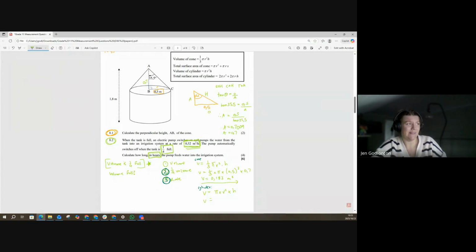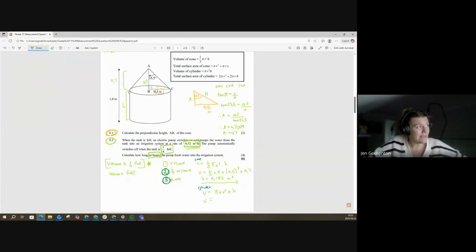Okay, let's have a look. So for the volume of our cylinder, we need pi r squared h. We have pi, we have r, we don't have h. H is the height of our cylinder. So that's this dude over here. We know that this height here from A to B is 0,7.